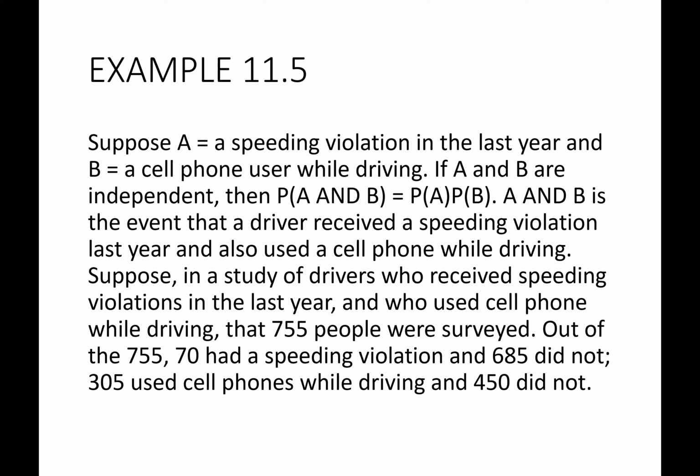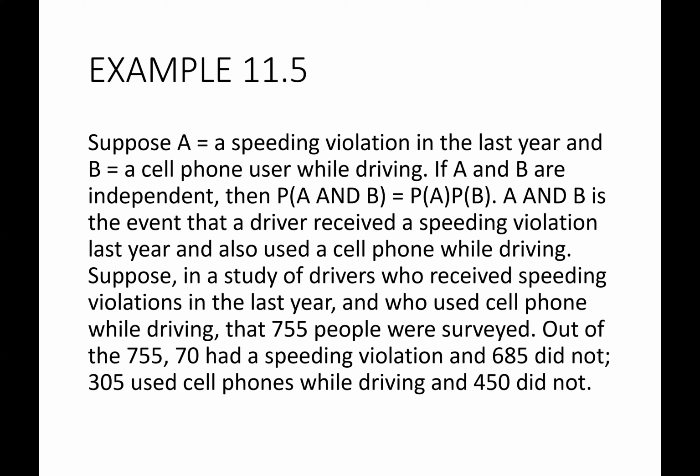Suppose in a study of drivers who received a speeding violation in the last year and who used a cell phone while driving, that 755 people were surveyed. Out of the 755, 70 had a speeding violation, 685 did not, 305 were using their cell phones while driving, and 450 did not.